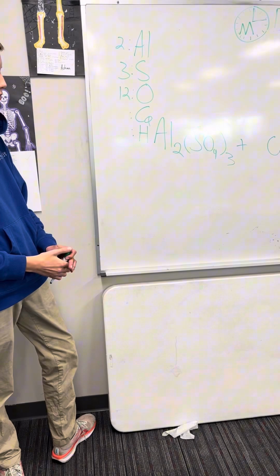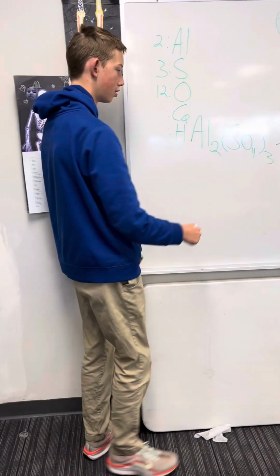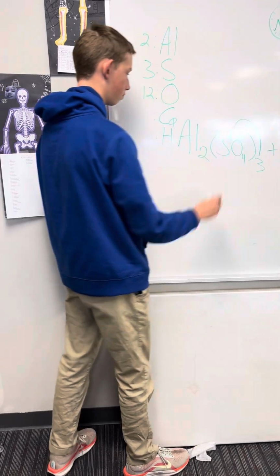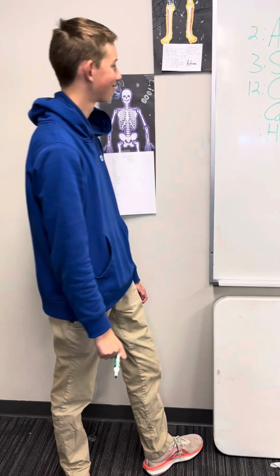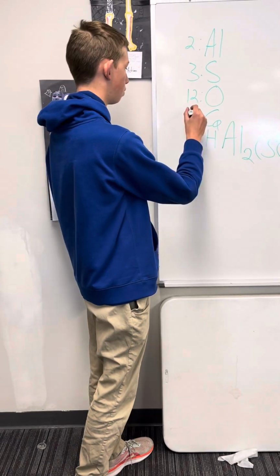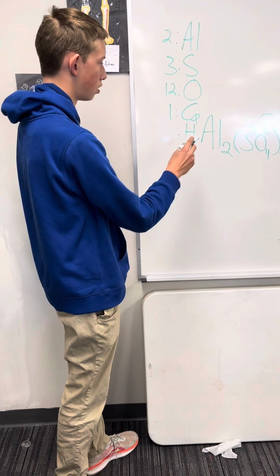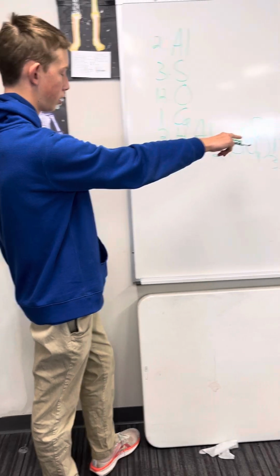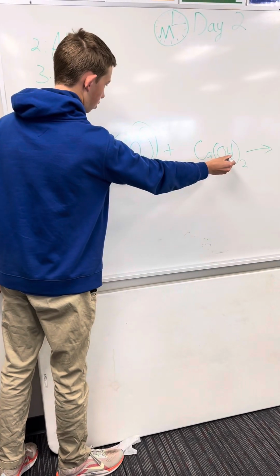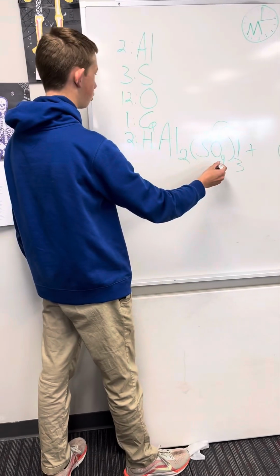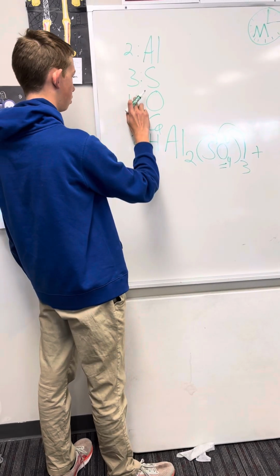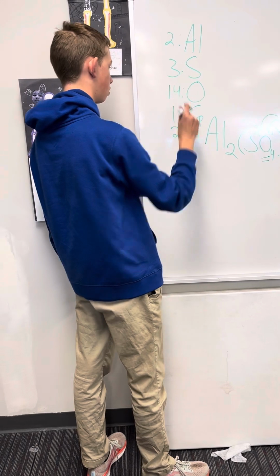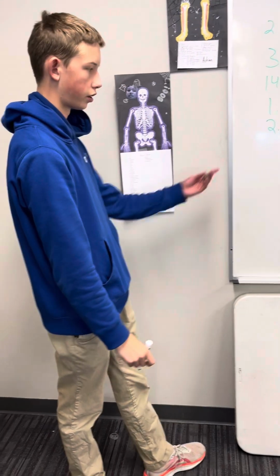Because the 3 multiplies it. Good job. Outside, this 3 affects all of these. We have 1 calcium, 2 hydrogen, but we also have 2 oxygen over here on the end. So this oxygen gets added to this oxygen, so we actually have 14 oxygen on this side.